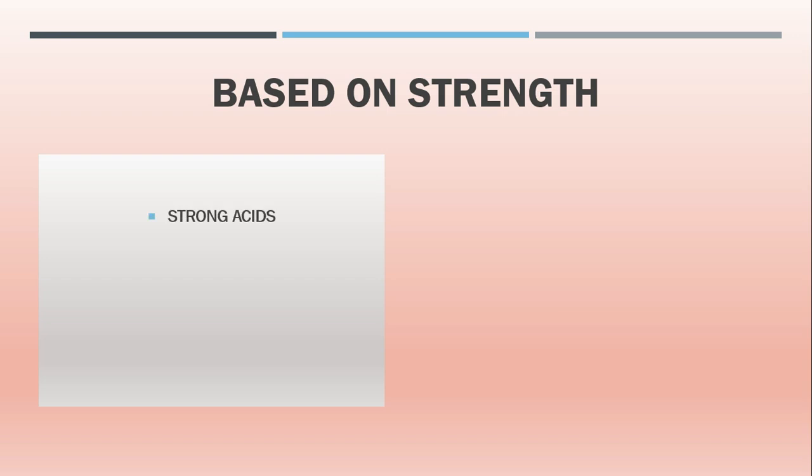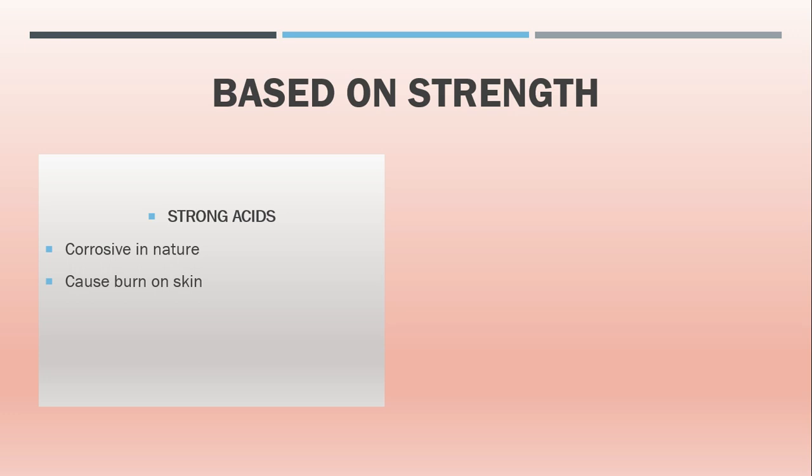Strong acid মানে যারা very corrosive in nature. Based on strength means based on corrosive nature. খুব মানে সামান্য এক drop, if one drop of acid fell on your skin, it will burn. It is so much corrosive in nature. So strong acids are very corrosive in nature. It causes burn on skin.